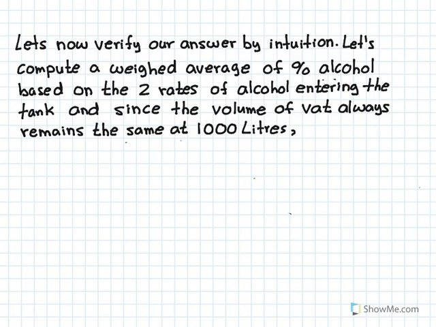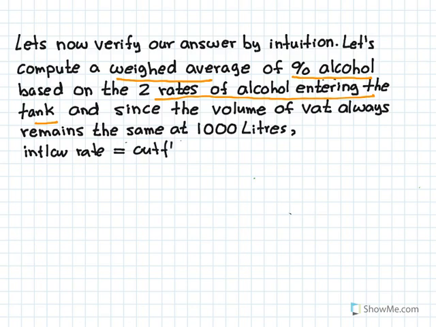Let's compute a weighted average of the percent alcohol based on the two rates of alcohol entering the tank. Since the volume of the vat always remains the same, at 1,000 liters, the inflow rate of solution is equal to the outflow rate of the solution.